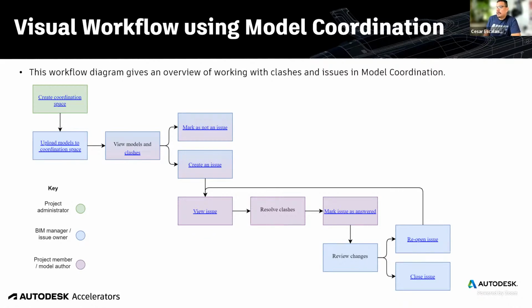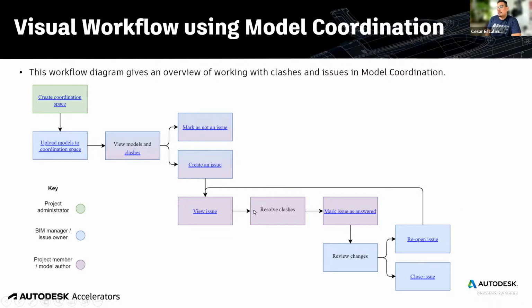So instead of different disciplines bringing their plans and redlining your set, you do that all digitally by comparing models and overlaying floor plans with the models and identifying those on the screen instead of a piece of paper. Once an issue has been created, you assign it to somebody.